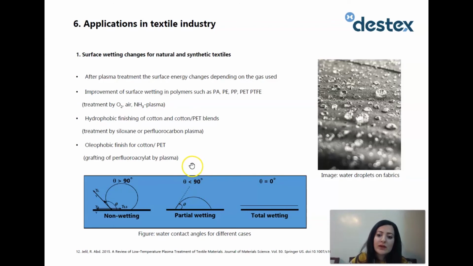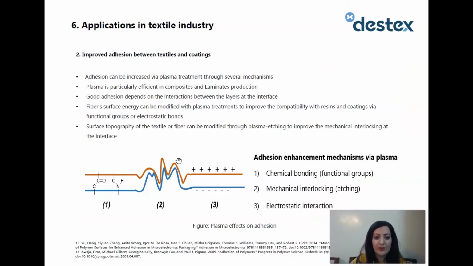Regarding the applications in both research and markets nowadays, we can agree that surface wetting changes and the adjusting of surface energy and wettability of textile materials is one of the most common and important applications of plasma for textiles. We can increase or decrease the wettability to make the surface more hydrophobic or more hydrophilic according to our requirements.